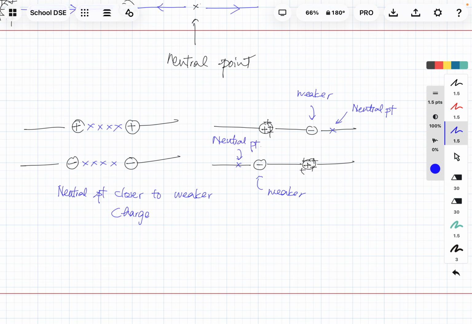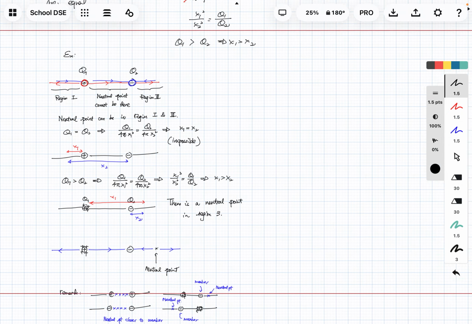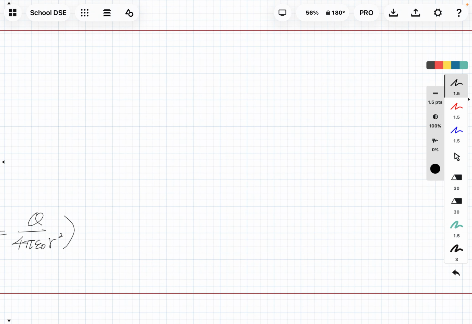Then the next question is, okay, then which region is it? So we need to have I1 bigger than I2, suppose. Then the usual practice is that I will have B1 equals B2, and B1 is mu naught I1 over 2 pi R1, and B2 is mu naught I2 over 2 pi R2.